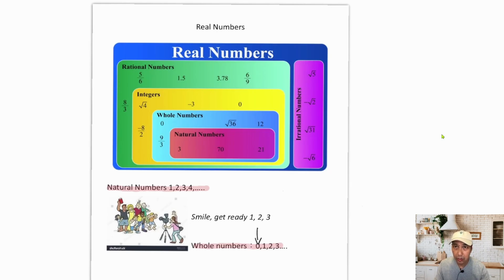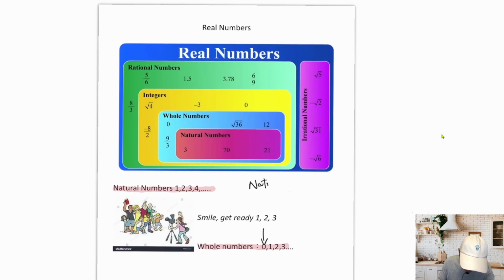Whole numbers include 0. In a mathematical context, we say that natural numbers are a subset of whole numbers.